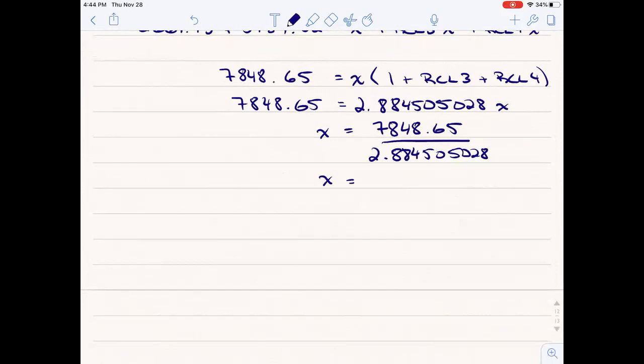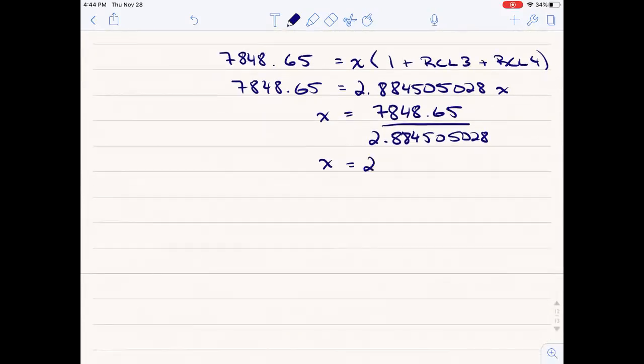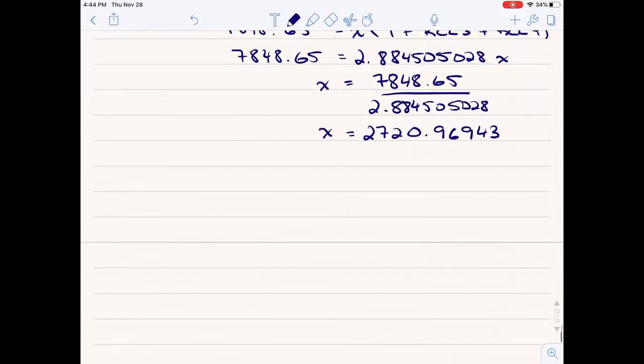So x must be 7,848.65 divided by previous answer, 2,720.96943. These are unknown payment amounts, right? So they're in money: 2,720.97. We did it. Whew.